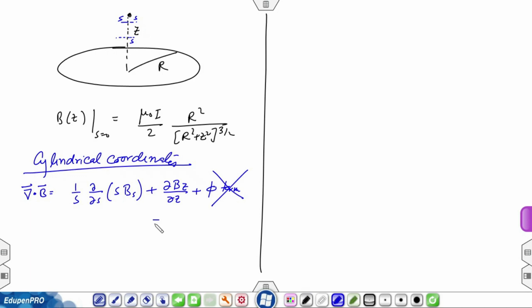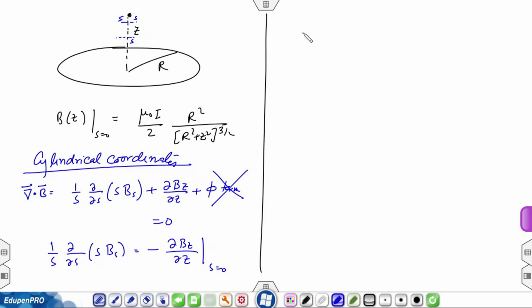So, what this tells you is that 1 over s d by ds of s Bs is equal to minus dBz by dz at s equals 0.